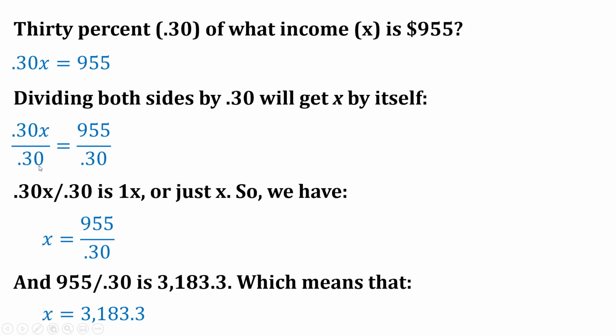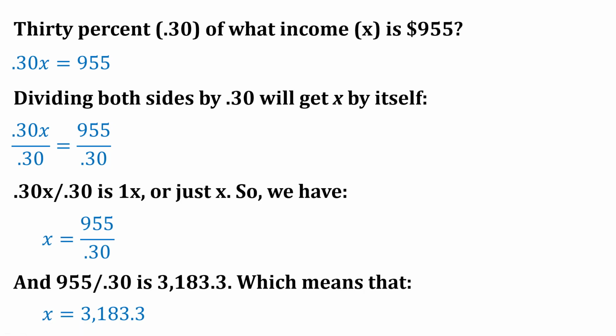So you end up with 1x equals 955 over 0.30, or just basically x equals 955 over 0.30. That's going to come down to an income of $3,183.30 a month in order to afford that $955 a month apartment.